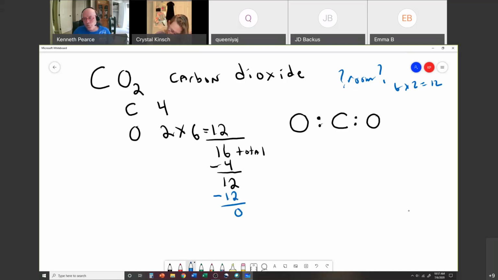So I go minus 12. I have that much room. And so let's go ahead and put those 6 electrons on. So we go 1, 2, 3, 4, 5, 6. 1, 2, 3, 4, 5, 6. Now remember, we did the inside. We're going to the outside. All right. We've run out of electrons.